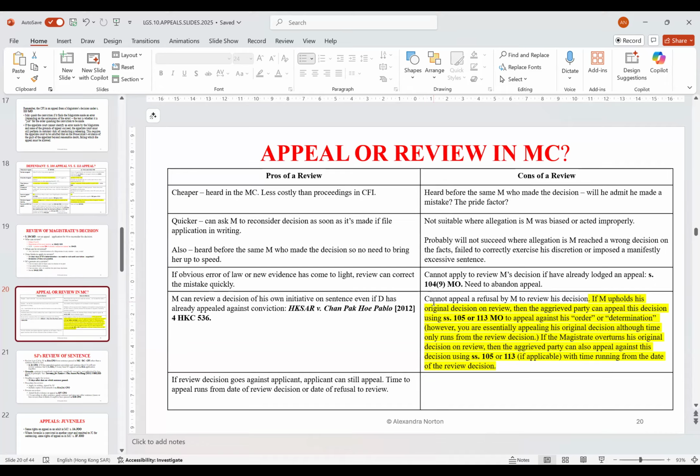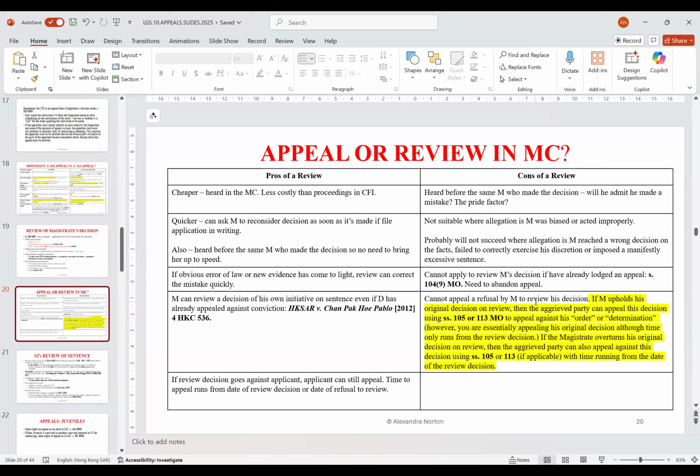Now, if the magistrate refuses to review his decision, you cannot appeal his refusal to hear your review. But of course, you can appeal his original decision, either under 105 or 113.